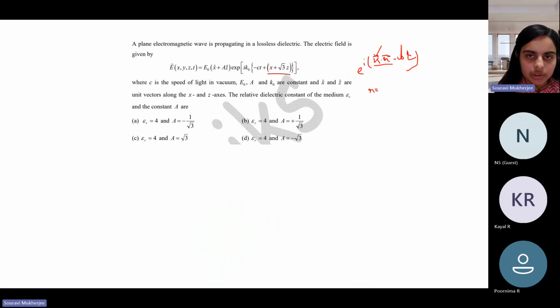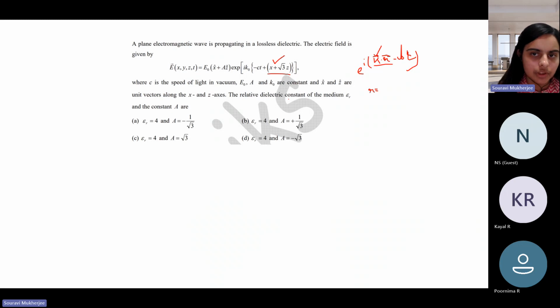It should be something like 1 i cap plus root 3 k cap, right? Only then the dot product between them would give you something like that, multiplied by k naught, obviously. Are you following? So by looking at this expression, you can actually find the wave vector.